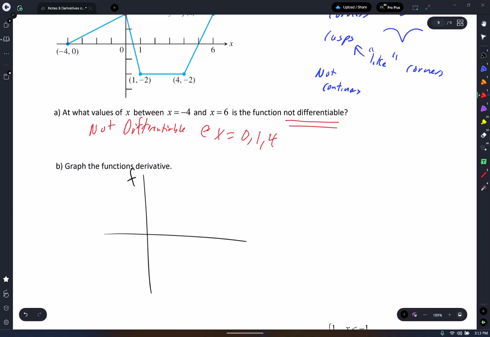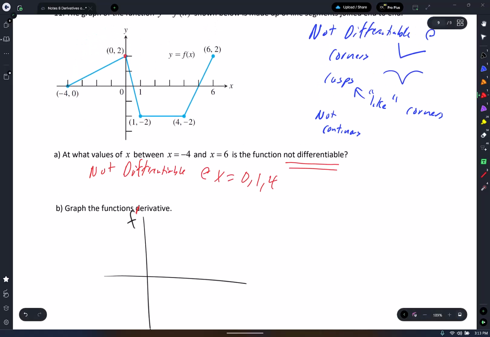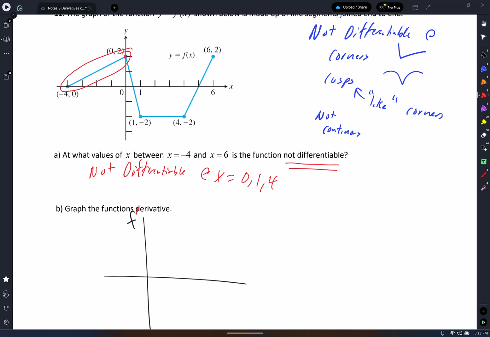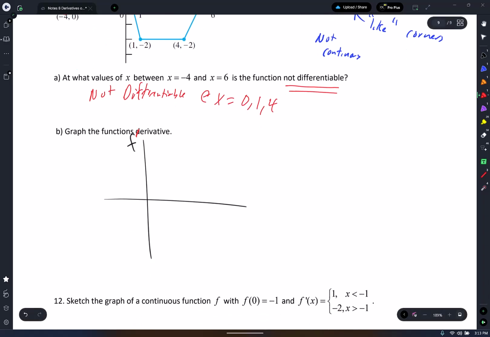All right. Graph the function's derivative. So look, there's my derivative. Are we okay? All I'm doing is graphing my slope. That slope is a half between negative 4 and 0. Here's negative 4, here's 0.